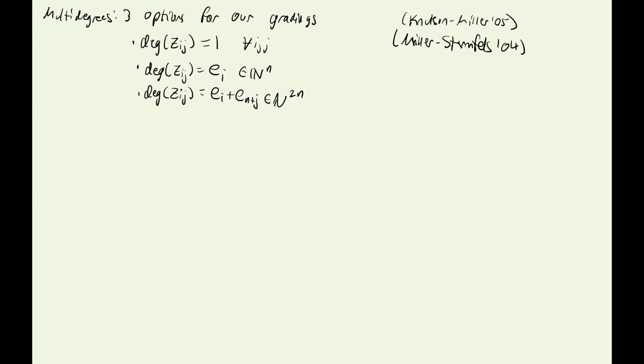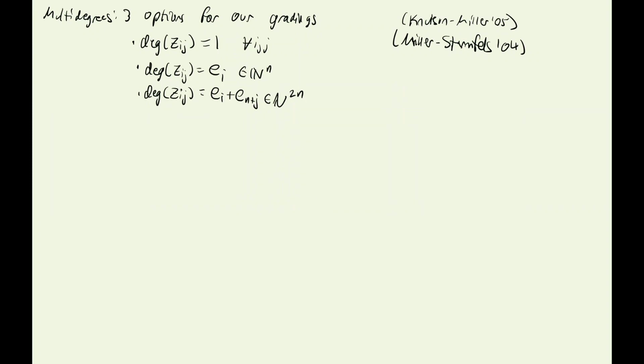So for example, with any of these three gradings, we can take S quotient by some ideal that is homogeneous with respect to the grading that we're currently considering. Then we look in that degree, and we see how many monomials have survived that are linearly independent. So just like we computed a Hilbert function yesterday, we can compute a multigraded Hilbert function today.